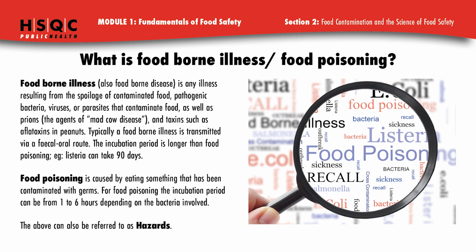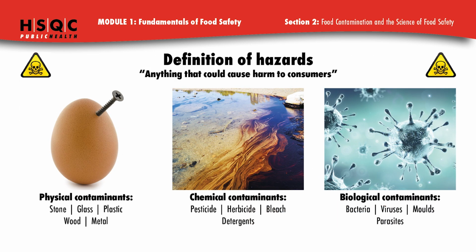Food poisoning is caused by eating something that has been contaminated with germs. For food poisoning, the incubation period can be from 1 to 6 hours depending on the bacteria involved. The above can also be referred to as hazards. Definition of hazards: anything that could cause harm to consumers.